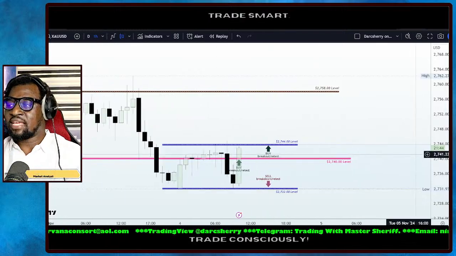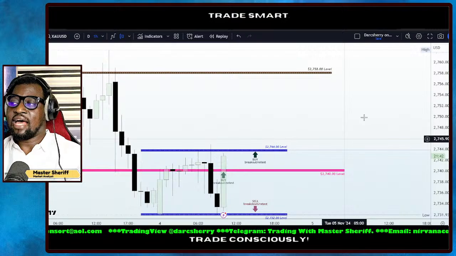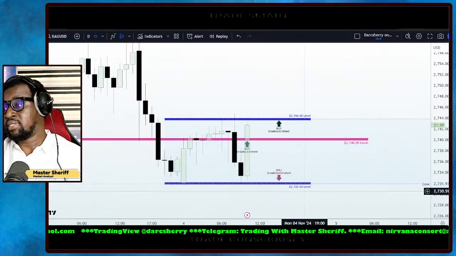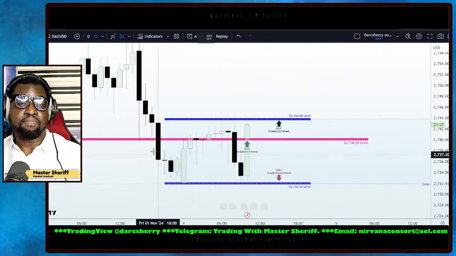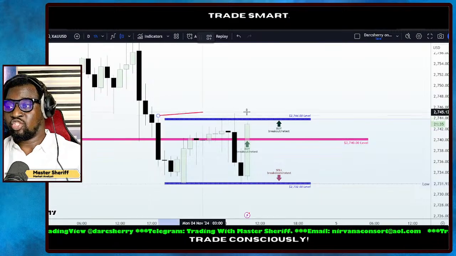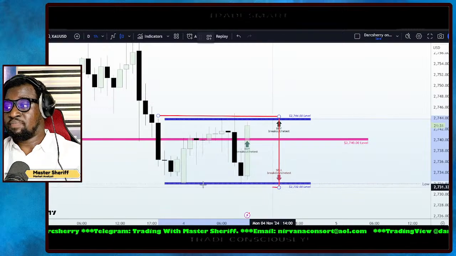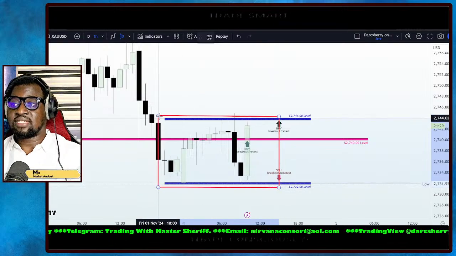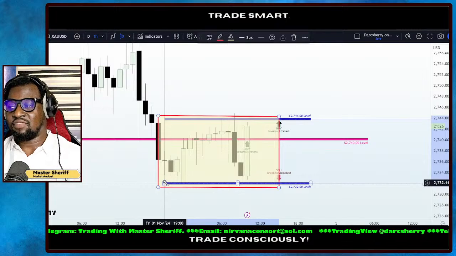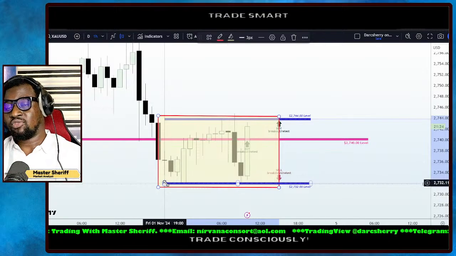Now, after taking into account all of this and looking at the chart this morning, I was able to identify a simple trading setup that we are going to be using to navigate this market today. And of course, we have a simple consolidation phase where price is confined within the 2,744 and the 2,732.